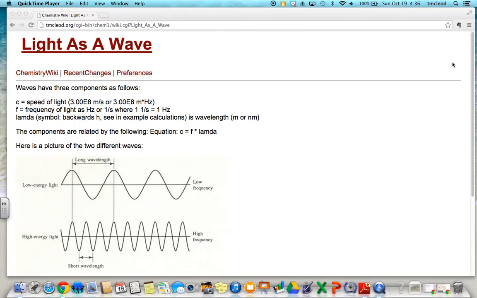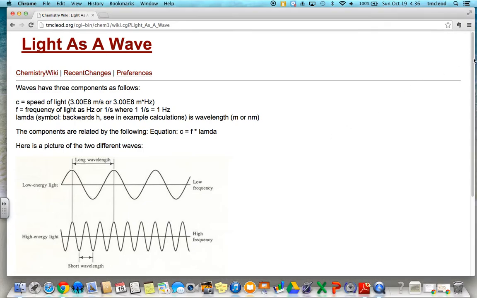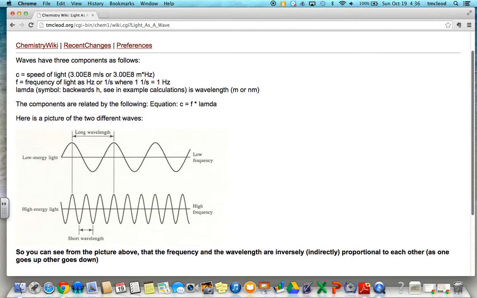This picture, with these two waves, shows that a low frequency produces a greater wavelength, and a higher frequency produces a shorter wavelength, which would tell you, just like the equation does, that frequency and wavelength are inversely proportional to each other. As one goes up, the other one goes down.